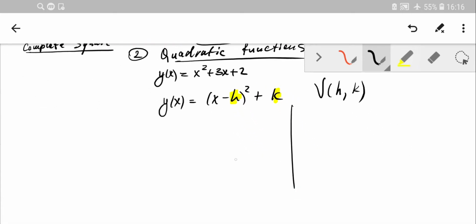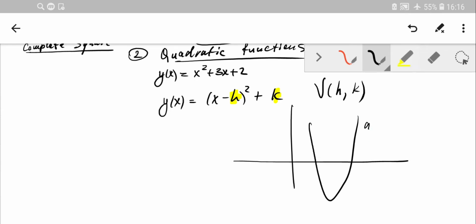Let's just remember briefly: this is a parabola with leading coefficient a more than 0, and you have the vertex point of that parabola which has h and k as the coordinates. The complete square will help you immediately to define those coordinates.